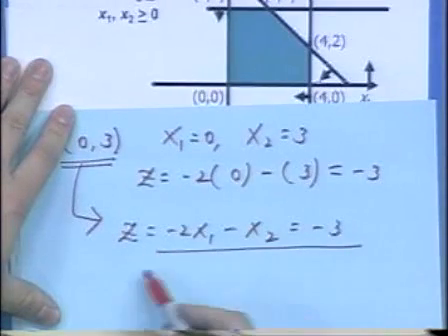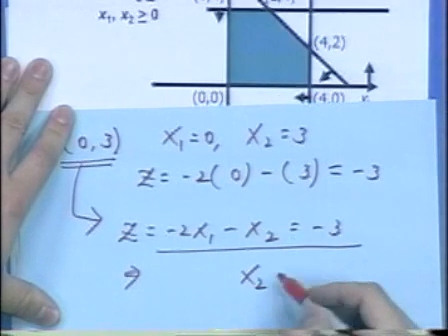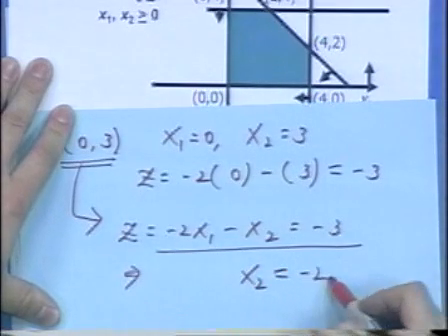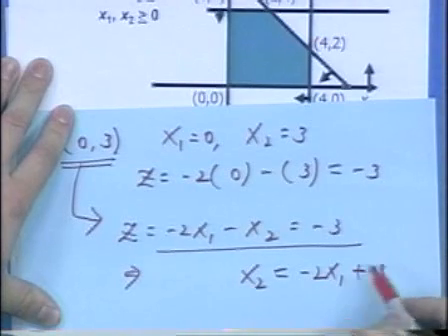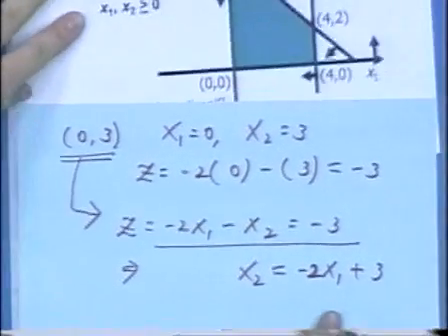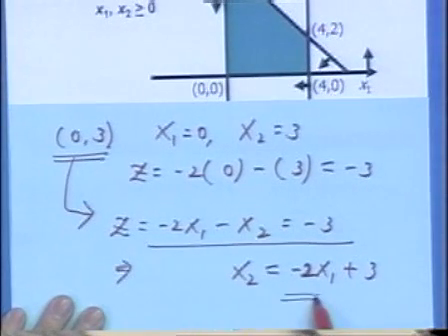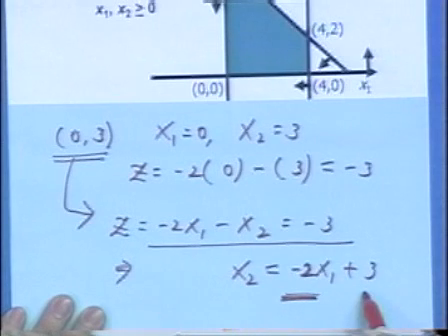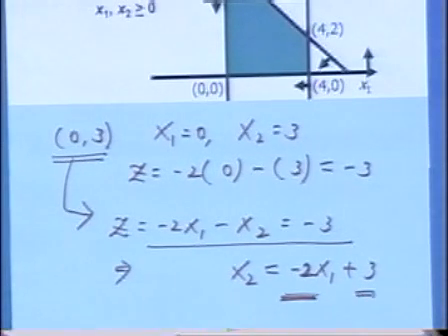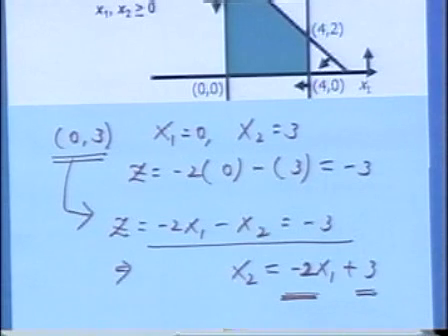And this can be rewritten as x2 equals negative 2x1 plus 3, right? So this line has negative 2 as the slope, and the x2 intercept of 3, right?